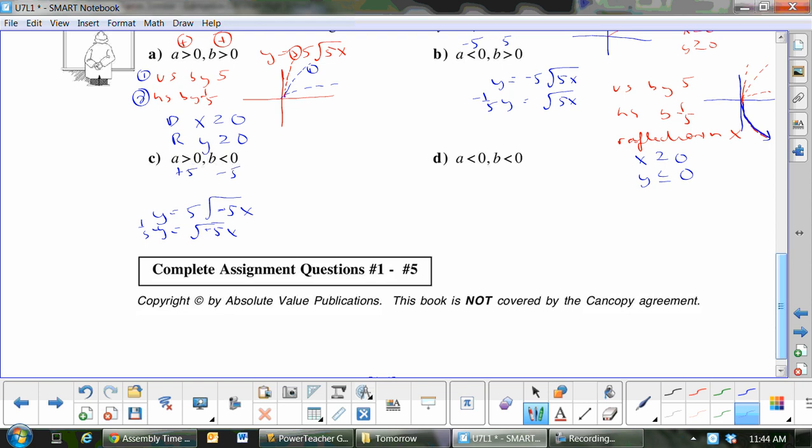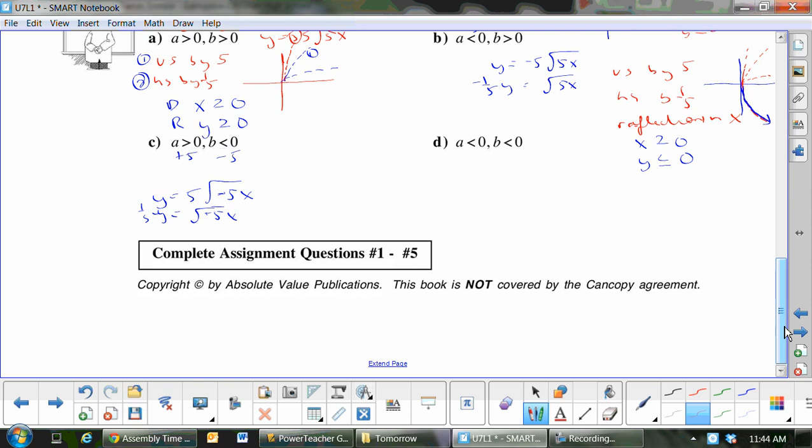So, let's go with Willem. In words, what's happening? Vertical stretch by a factor of 5. Reflection, or I guess vertical, horizontal stretch by 1/5. And then reflection.